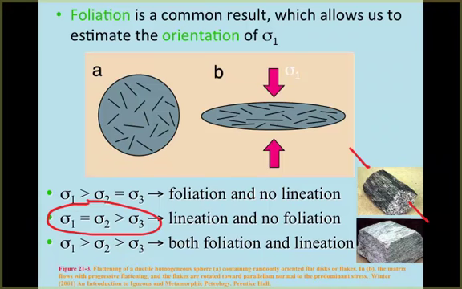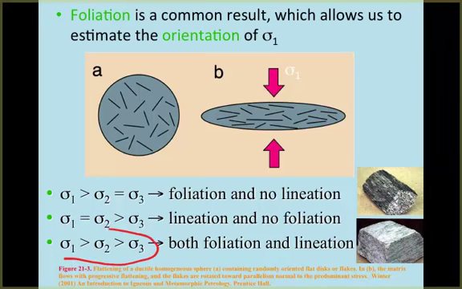And if you see a foliation in this rock that is a planar structure, and the rock above it, you see that instead of flat minerals aligning in the foliation, on the end of this rock you see points. And those are points of those elongate minerals that are lined up in a lineation that define the direction of that least compressional stress. So you can determine the orientation of that sigma 3 direction if a rock is lineated.